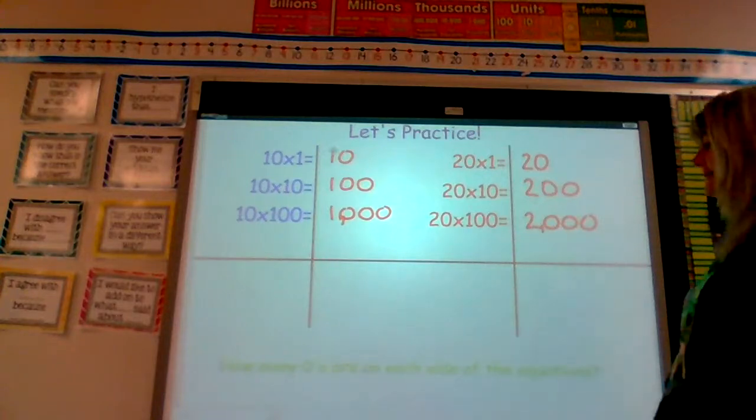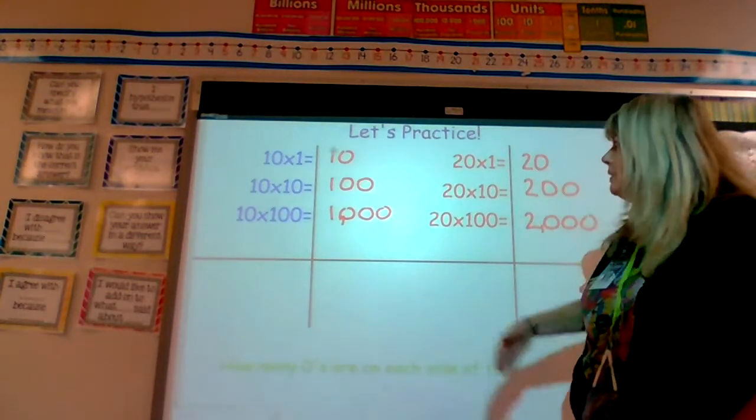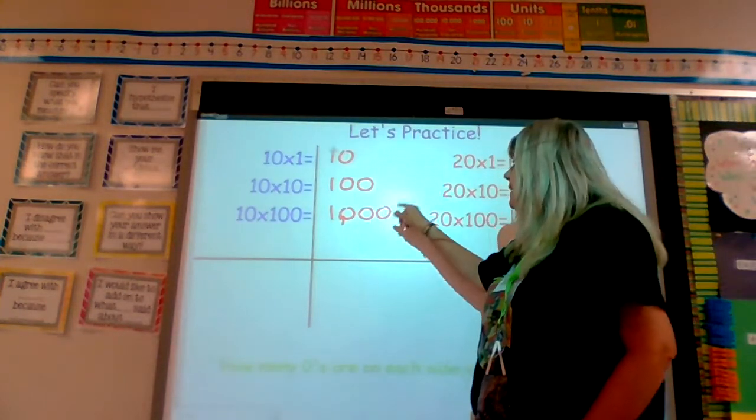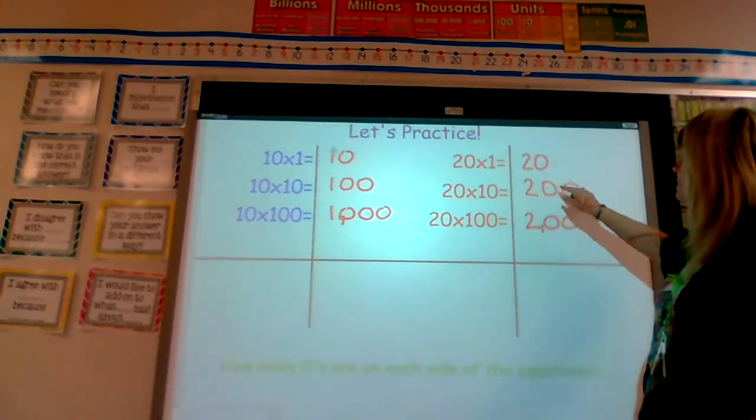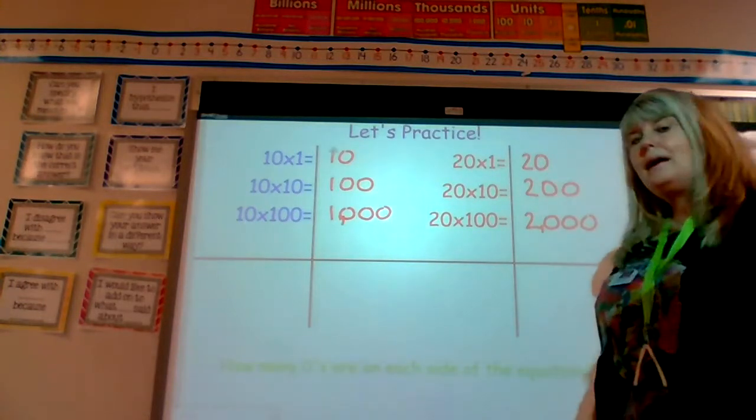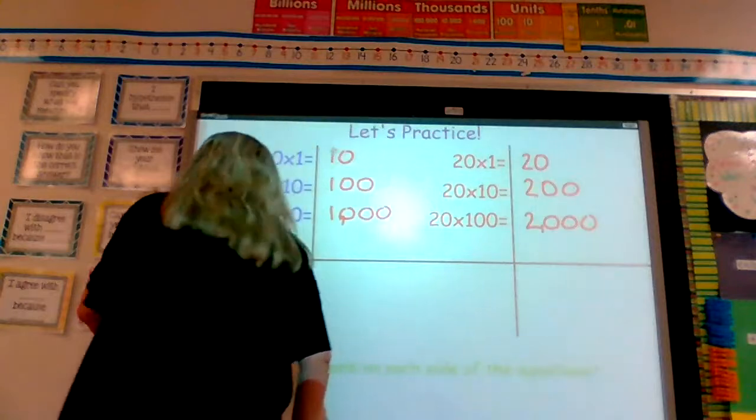Let's look at how many zeros are on each side of the equation. Well, there's 1, 2, 3, 4, 5, 6 over here, and there's 1, 2, 3, 4, 5, 6. I think you're starting to see a pattern.